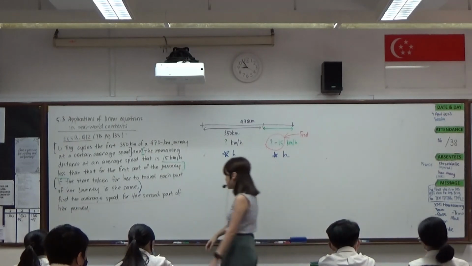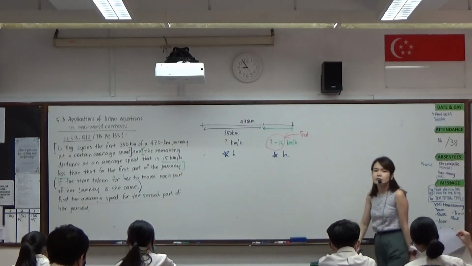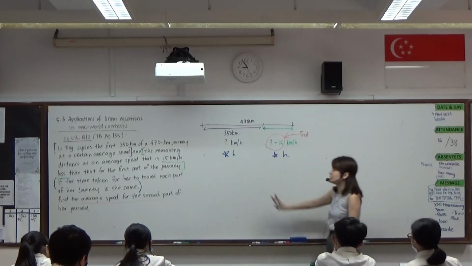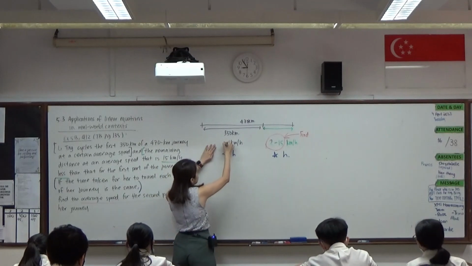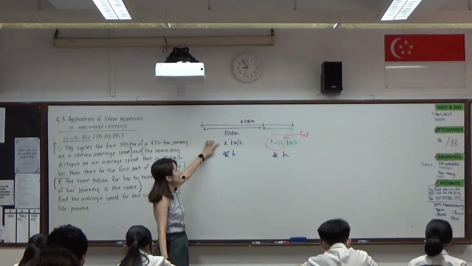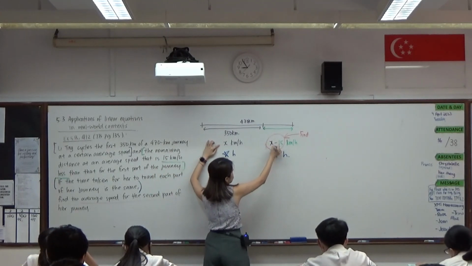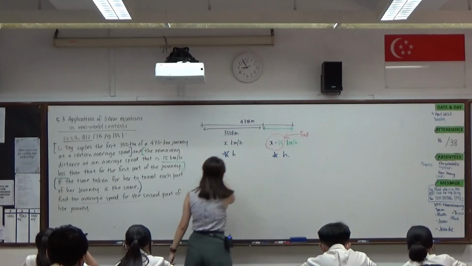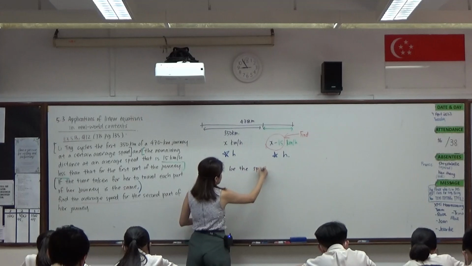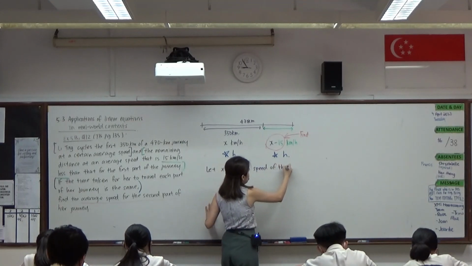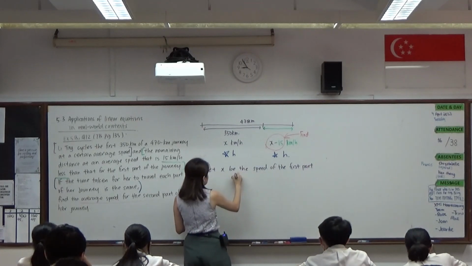Questions? So over here, find the average speed for the second part of the journey. That means we're trying to find this. We use algebra to solve. How should we go about using algebra to solve? Since I started off with this question mark, why not I let this question mark be x? If I let the speed for the first part be x, that means my second part is x minus 15. So I will define: let x be the speed of the first part of the journey.